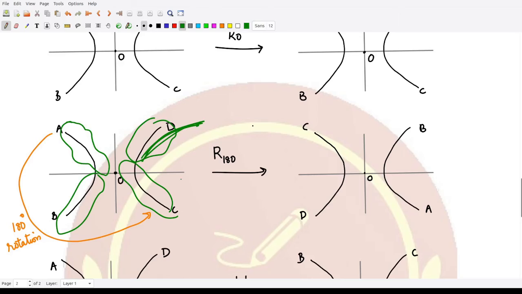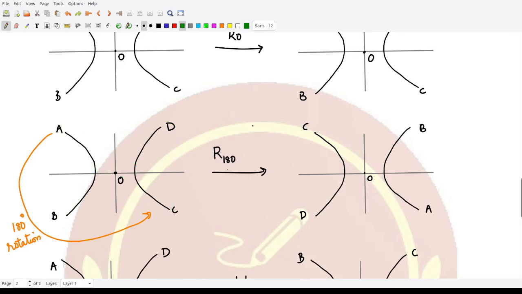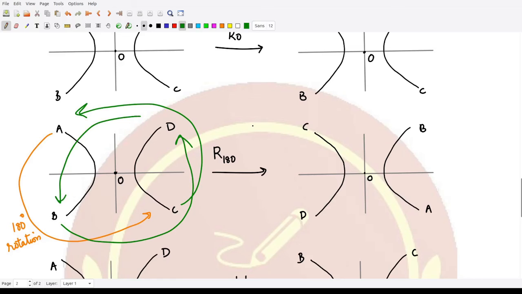When you rotate it by 180 degrees, you would have the same hyperbola, however the positions of A and C would be exchanged, and the positions of B and D would be exchanged. A would go to the position of C, B would go to the position of D, C would go to the position of A, and D would go to the position of B.